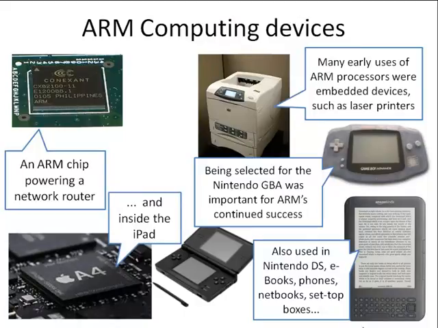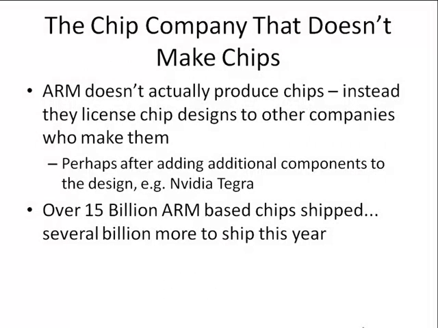And because it's used in such a wide range of different areas, it's used in printers, routers, phones, portable tablet computers, gaming machines and ebooks, that has allowed it to make quite significant numbers of sales.